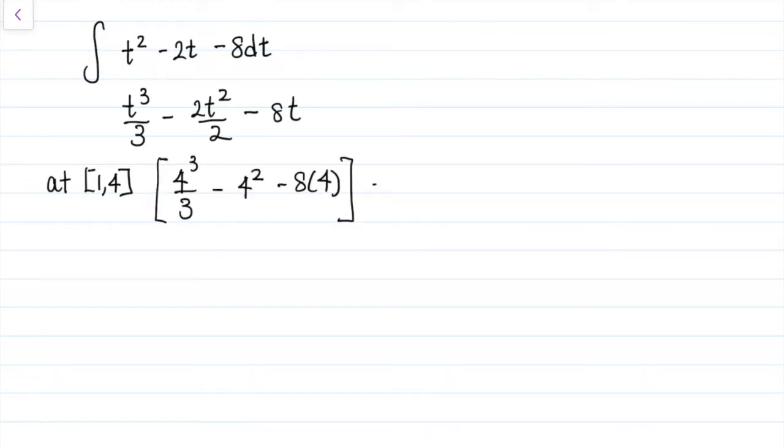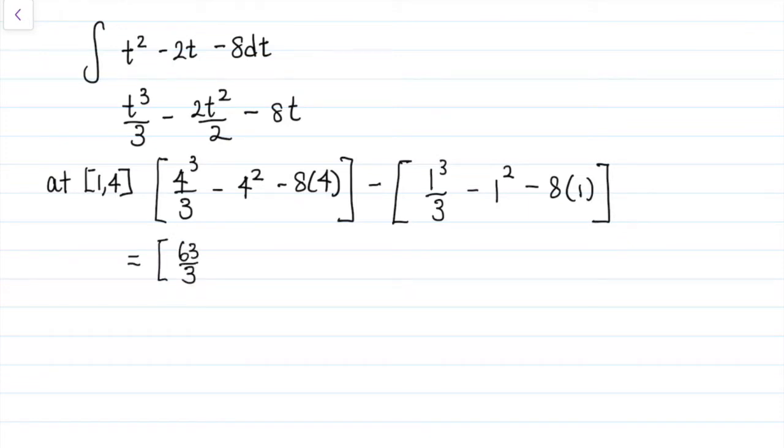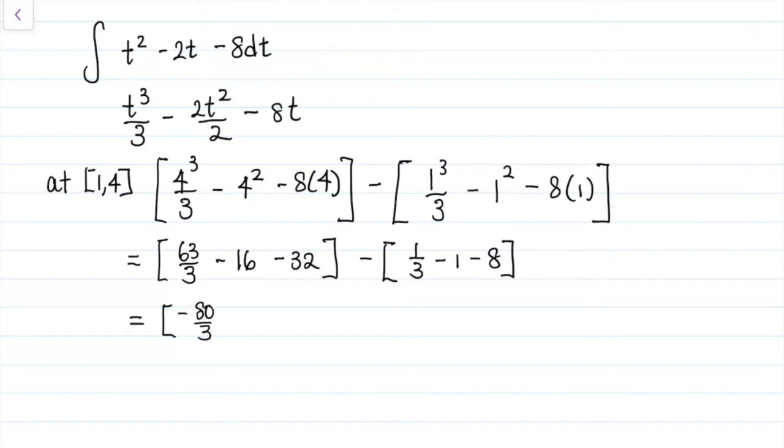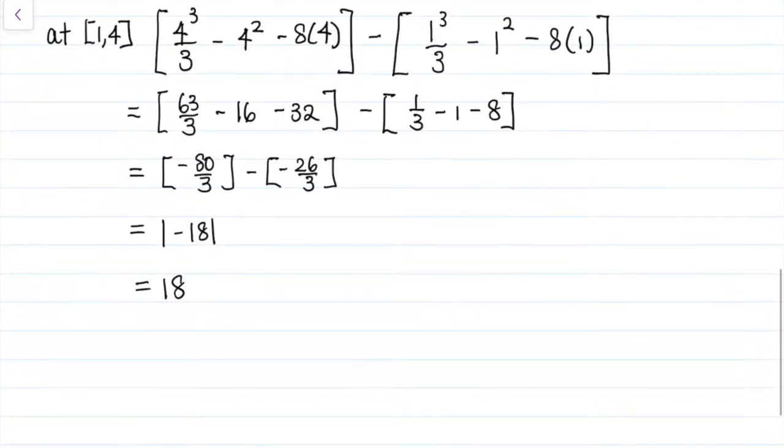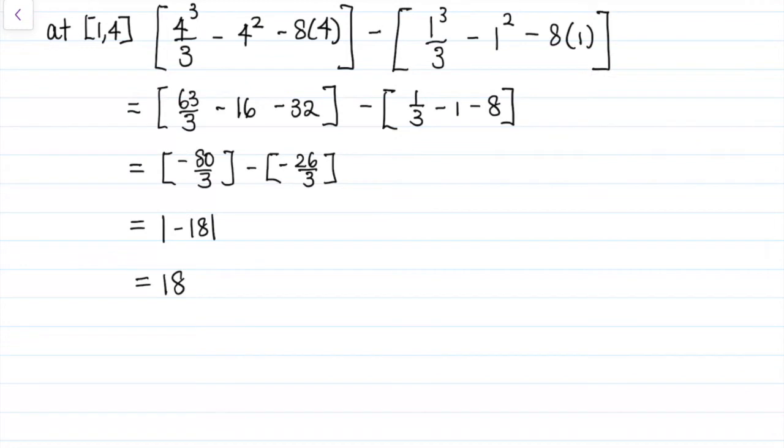We evaluate the integral by putting 4 everywhere there's a t and doing the same thing with 1, replacing all of the t with 1. Now do some algebra. Because the result is negative, we take the absolute value of that.